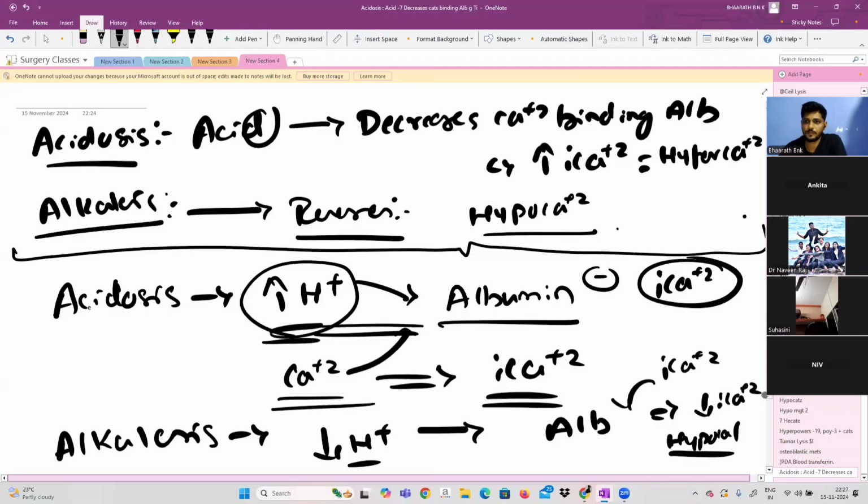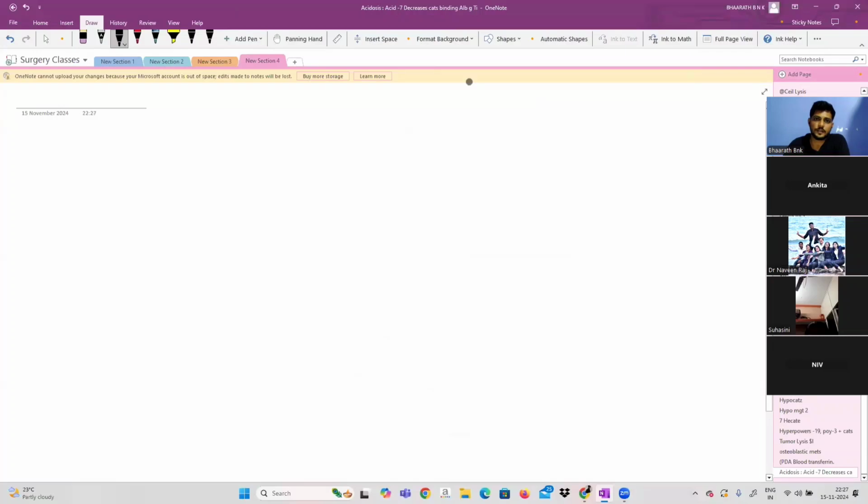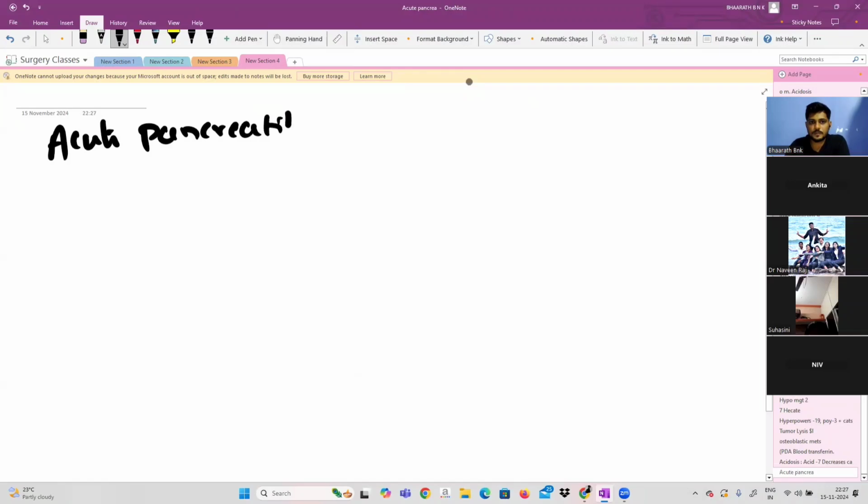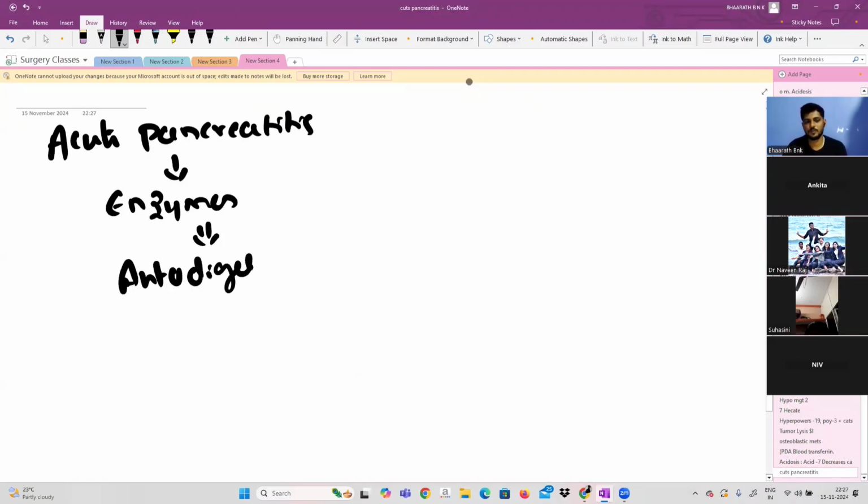Yes, sir. So the next would be what happens in acute pancreatitis. Whenever there is acute pancreatitis, it will cause the release of enzymes. These enzymes will auto-digest the mesenteric fat. Right? See, the basic pathology of pancreatitis is that the pancreas has these fat digesting enzymes which should be released into the duodenum.